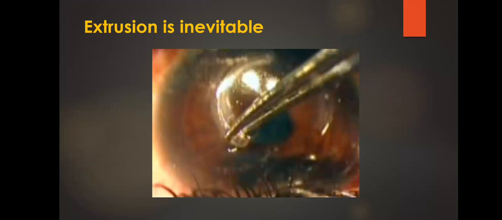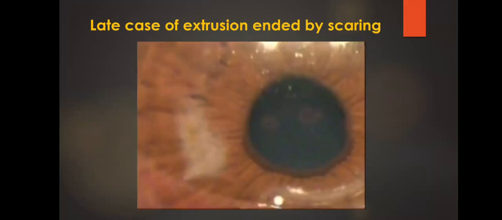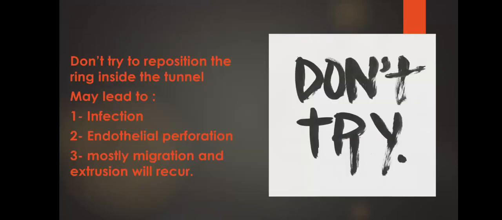Here, removal of the ring is inevitable. This photo shows a late case of extrusion ending in corneal scar formation. Don't try to reposition the ring inside the tunnel, which may lead to infection, endothelial perforation, and multiple migration, and extrusion will occur again.